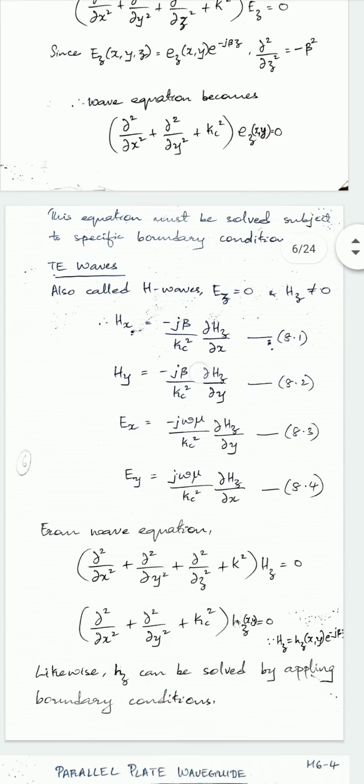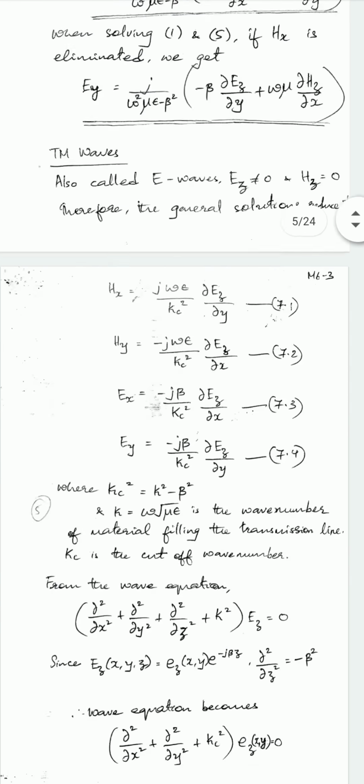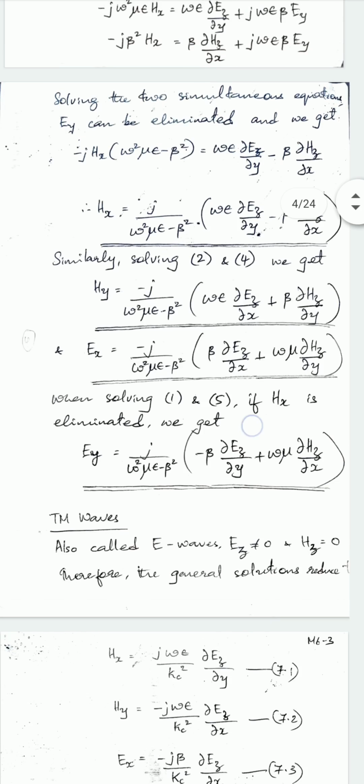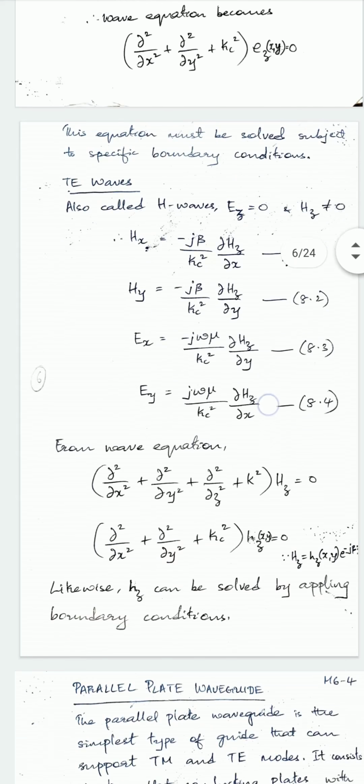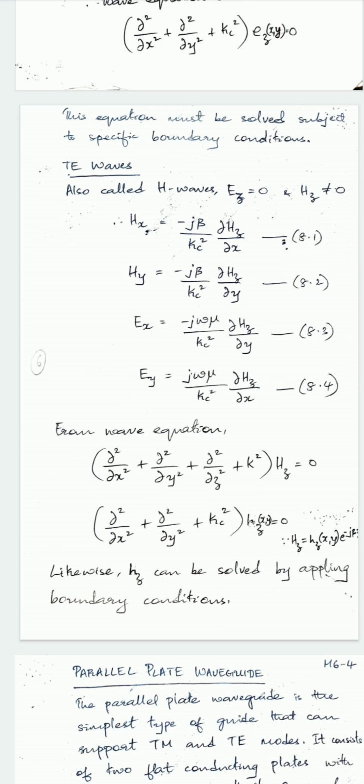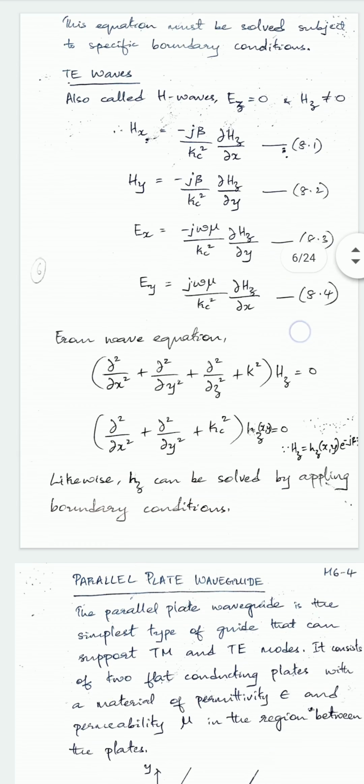Then we can find what is TE wave. In those equations, if we replace Ez as 0, then you will get the TE wave. So Ez equal to 0 and Hz not equal to 0, then you will get the four components Hx, Hy, Ex, Ey. Then we can write dou square by dou x square plus dou square by dou y square plus dou square by dou z square plus k square into Hz equal to 0, where dou square by dou z square is minus beta square.